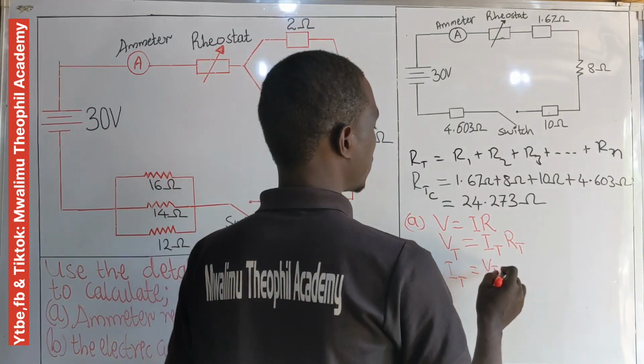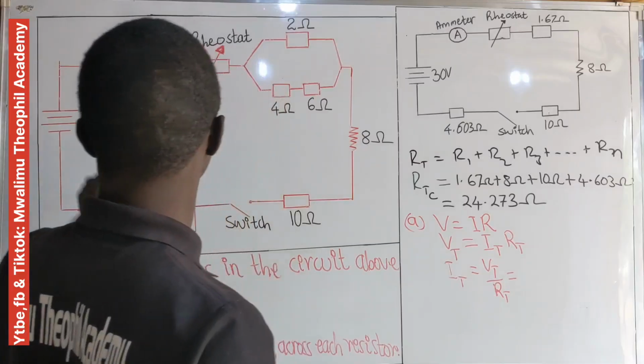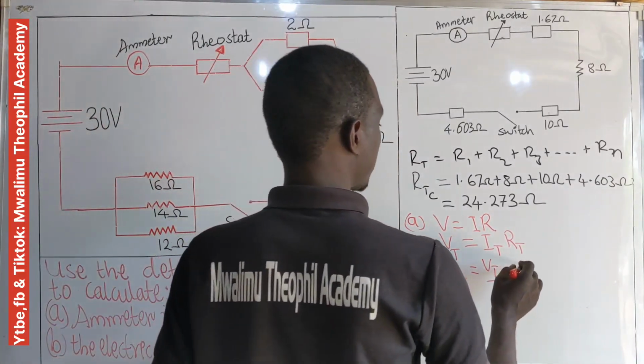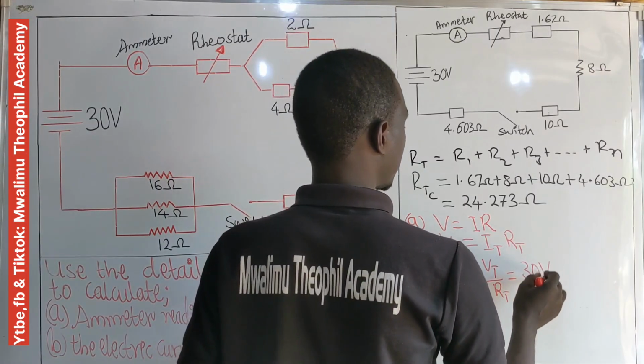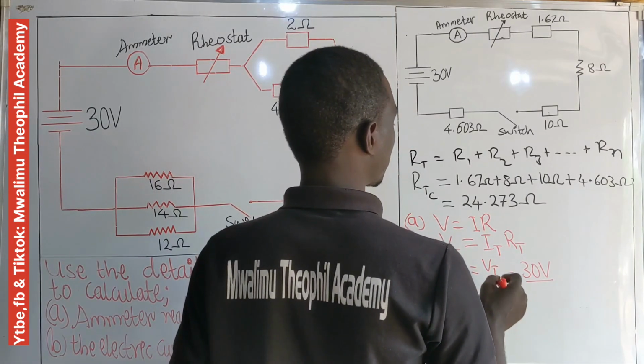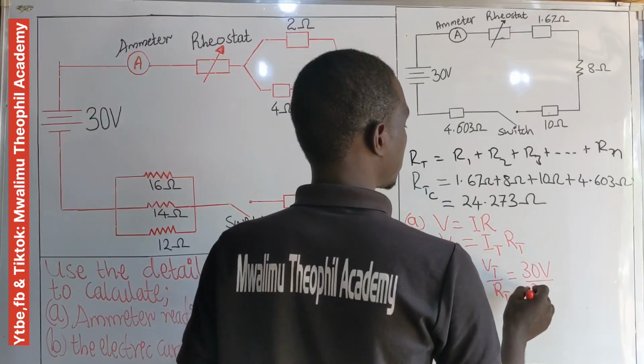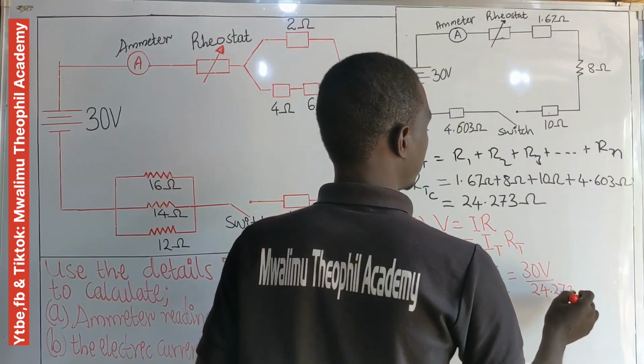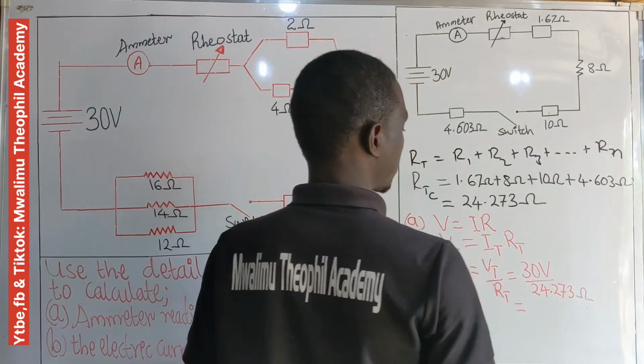This will be equal to the EMF of the cell, 30 volts, divided by the total resistance of the circuit, which is 24.273 ohm.